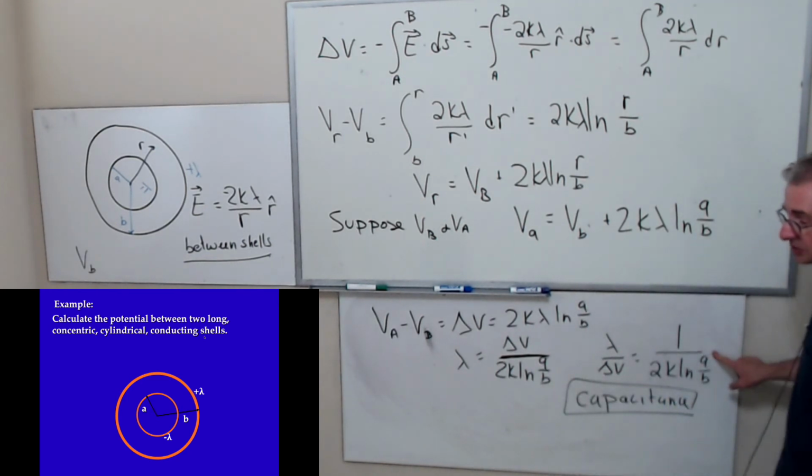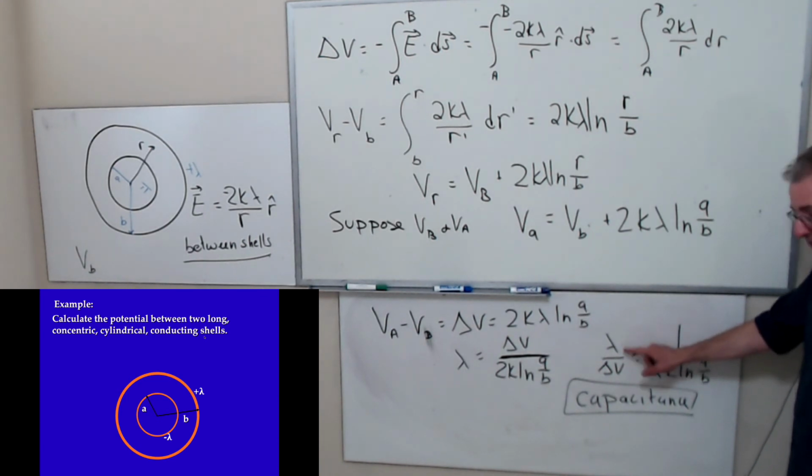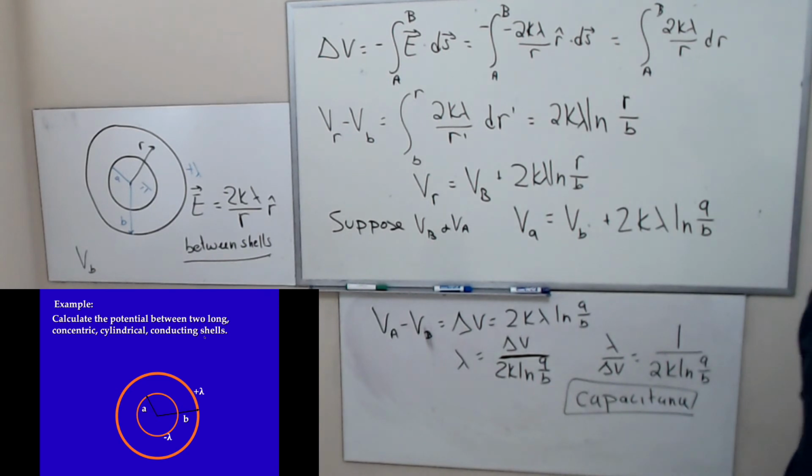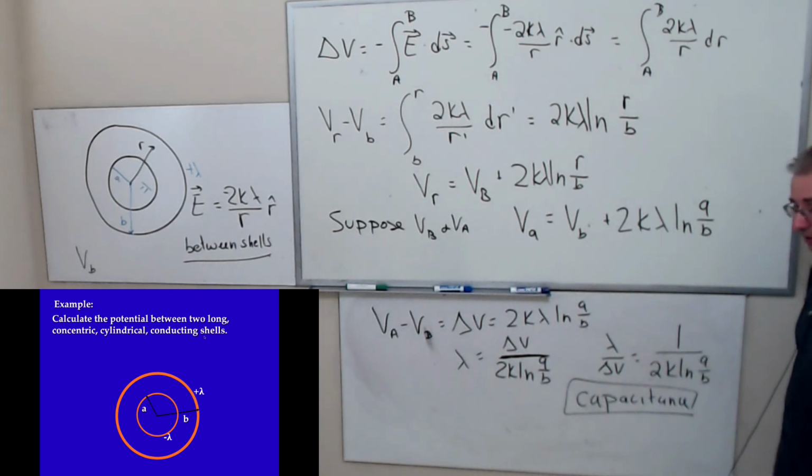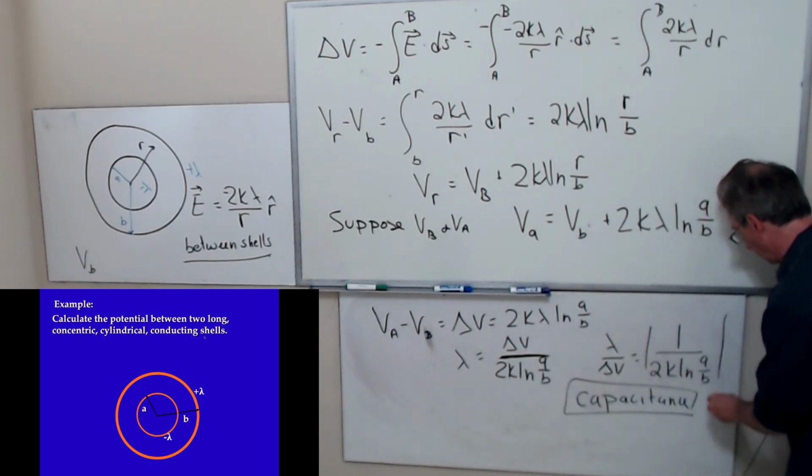This is what we're going to talk about in the next chapter. The whole chapter is about calculating this ratio. Well, it's a little bit more than that, but that's how you calculate it. So this is the capacitance of two concentric cylinders. But capacitance is defined to be a positive number, and so you always have to take the absolute value of this.